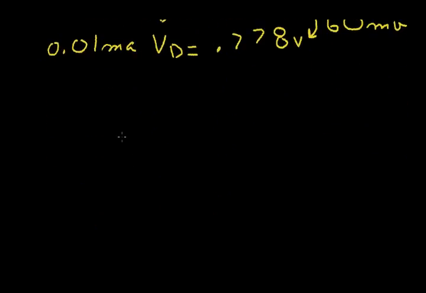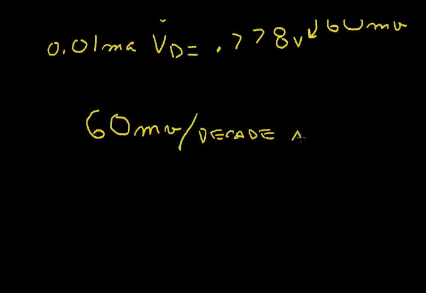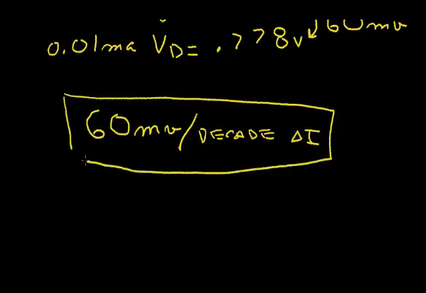For a decade change in current, the diode voltage changes by 60 millivolts. 60 millivolts, and again this is per decade. Decade of current change, I'll call it delta I. And this is a rule of thumb that's good to remember.